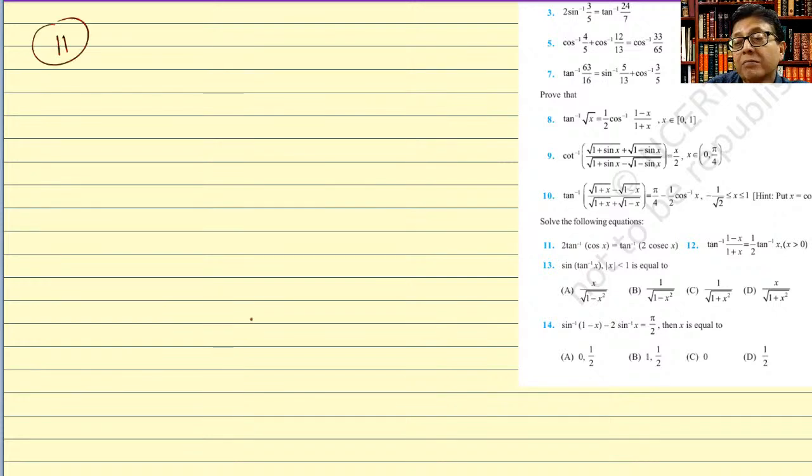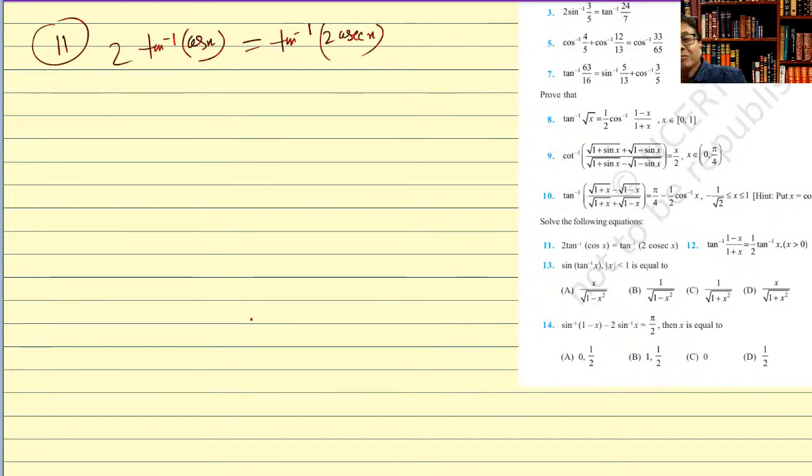The 11th one: 2 tan inverse cos x is equal to... okay. How to proceed? On the left hand side, 2 tan inverse cos x is there.